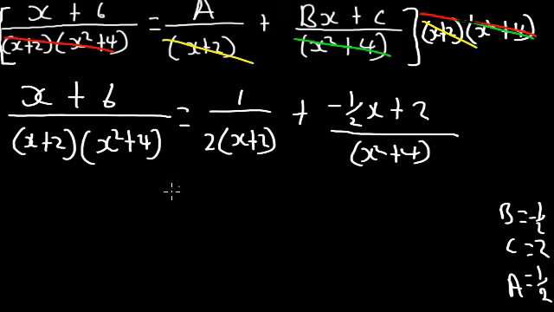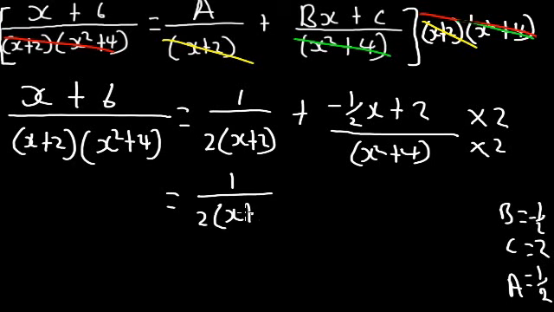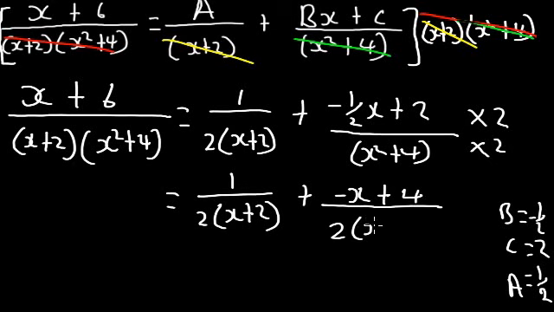To keep things balanced and looking neater, let me multiply both the top and bottom of this by 2. And that will be 1 over 2 in the bracket of x plus 2 plus negative x plus 4 divided by 2 in the bracket of x squared plus 4.